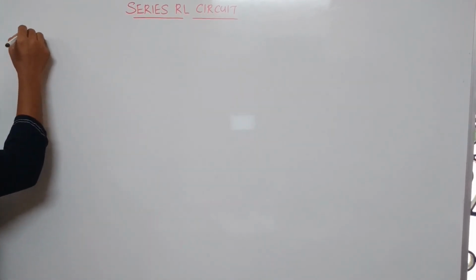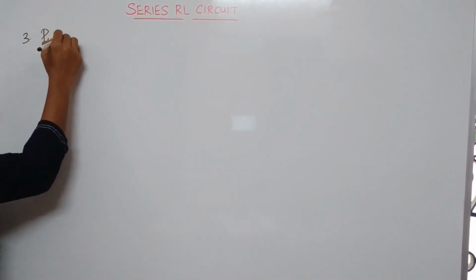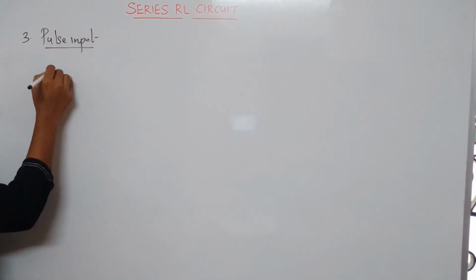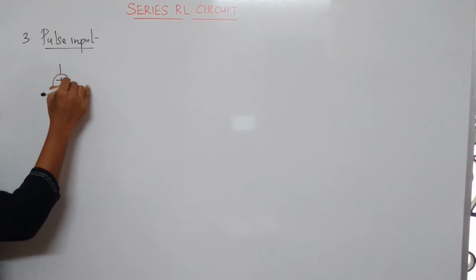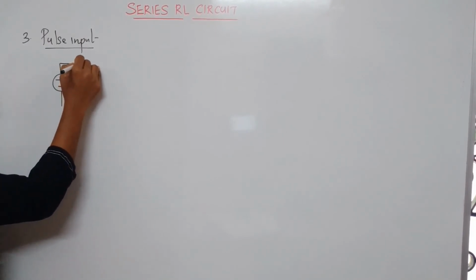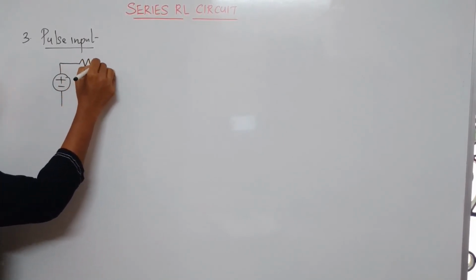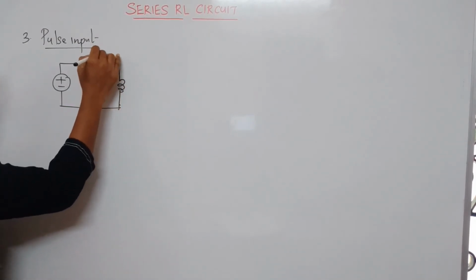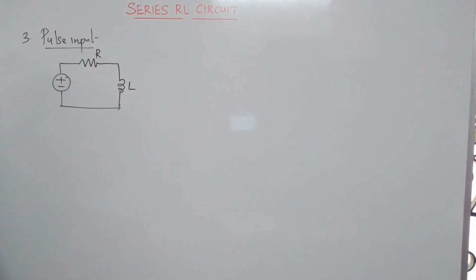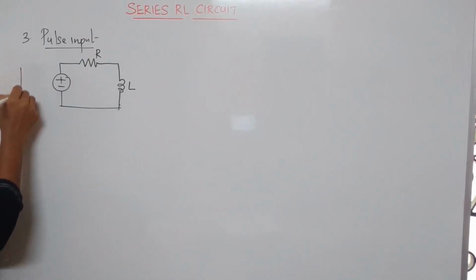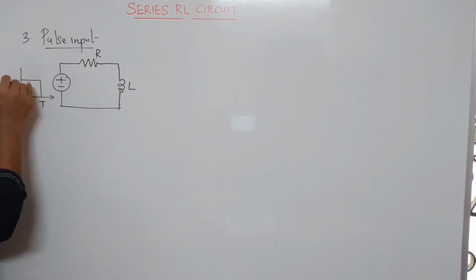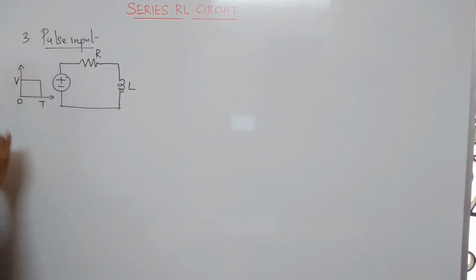Now the third input we can apply is pulse input. So we have an RL circuit. Here we are going to apply a pulse input. Pulse input, let me draw here as 0 to T. This is our input.